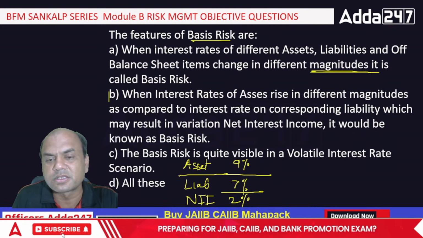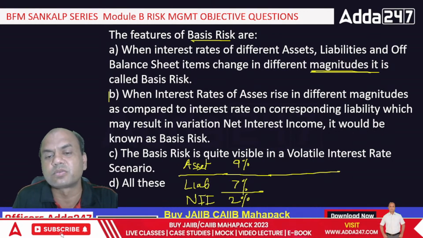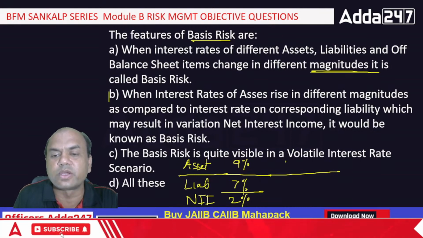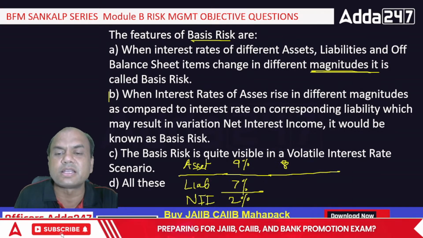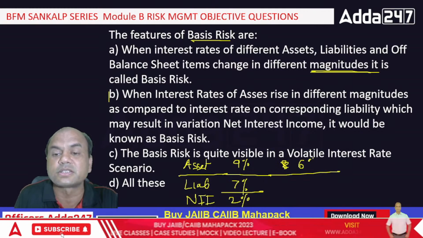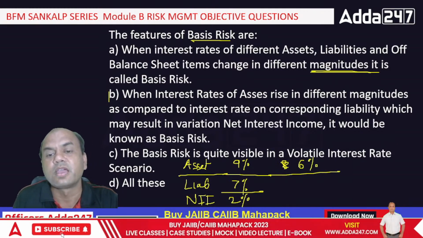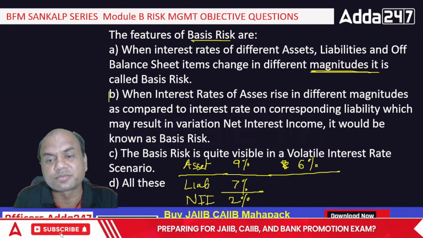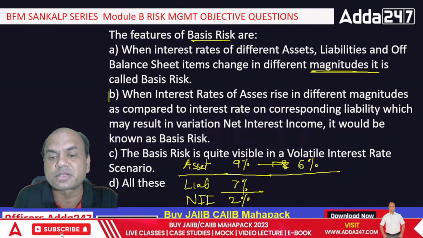Now what happens? The rate of interest now changes for both. This asset or loan rate of interest falls to, let's say, 6%, a 3% change.